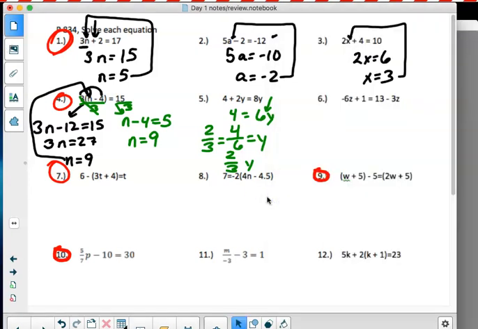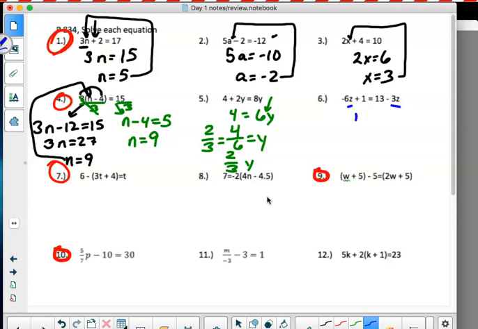So let's go on to 6 and let's get this thing going. I've got my z's I've got to get together. These are actually more than 2 steps. I've got to get my variables together before I solve. So I'm going to get the -6 over to the right. The only reason I'm doing that first is that I'd be working with a positive value on my term with the z.